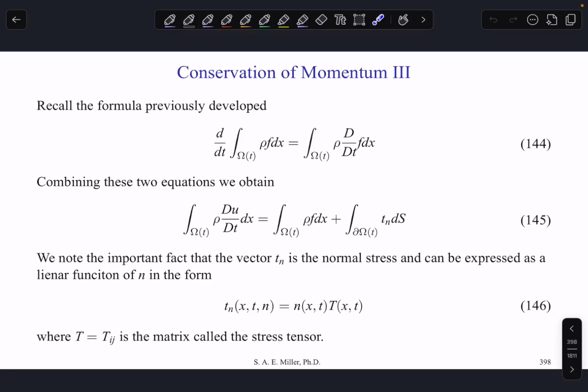The volumetric integral of the density times the material derivative of velocity equals the body forces and surface forces summed. An important factor here is that this vector Tn can be expressed as a linear function of n in this particular form.